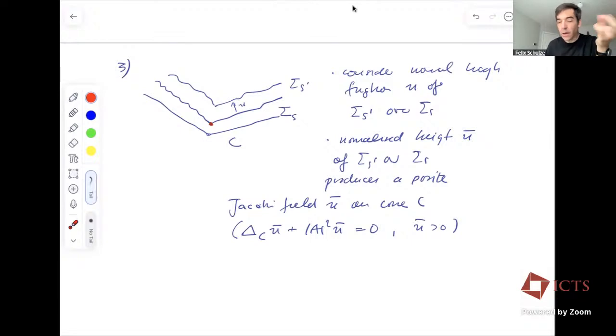Now we want to understand how they behave relative to each other. In the first order linearization, this gives us the Jacobi field on this cone. So if we understand Jacobi fields on these cones, we understand to first order how two leaves behave towards each other. What we want to prove is that there's a decay rate, that these leaves decay towards each other as we go out.